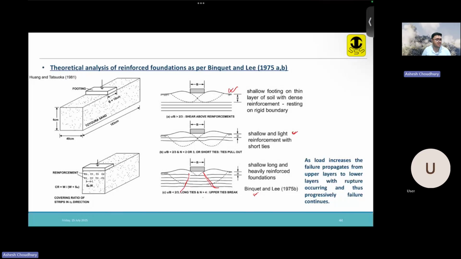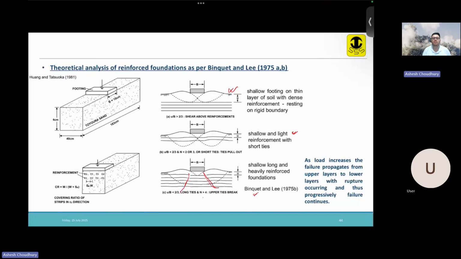After solving problems, we will go to the next topic, which is accelerated consolidation using PVD. We will do that. And in the last class, we will solve some problems regarding filtration and drainage of geosynthetics, and we will discuss some introduction about liners, and then we will wrap this course up.